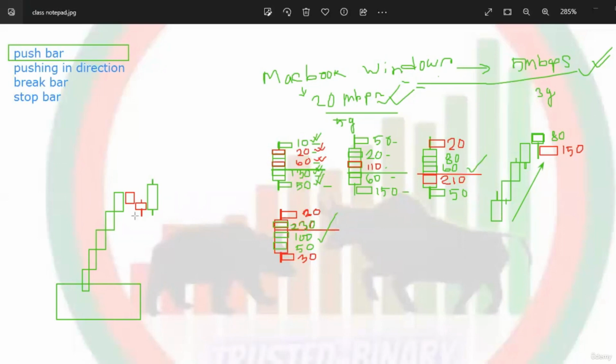Here you got all this data: that is the 50, that is the 120, that is the 30, that is the 10, and the last one is 50.